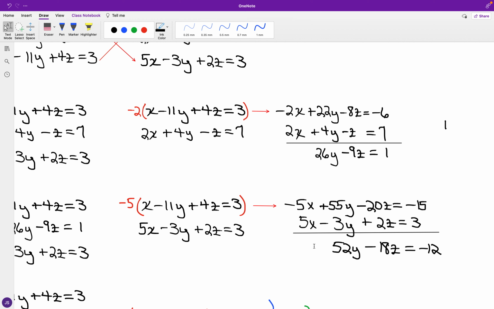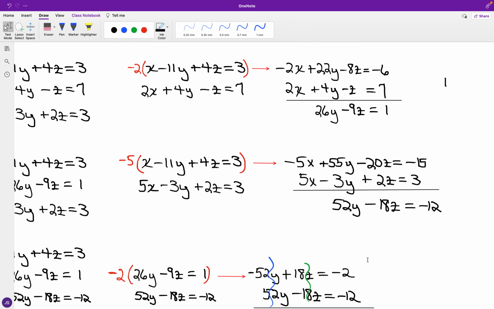Again, the last equation has 5x minus 3y plus 2z is equal to 3. Now negative 5x and 5x cancel out, and 55y and negative 3y leave us with 52y. Negative 20z plus 2z becomes negative 18z, and negative 15 plus 3 comes out to negative 12.